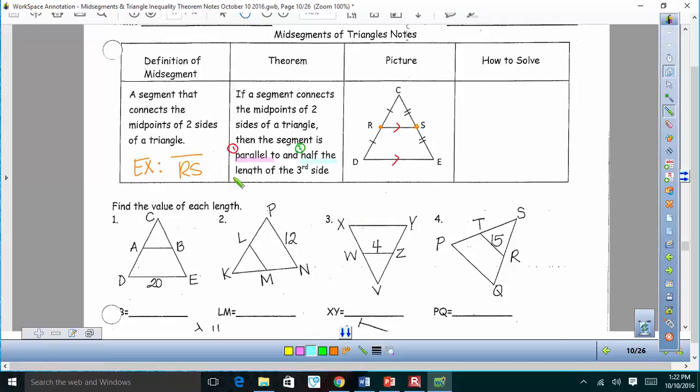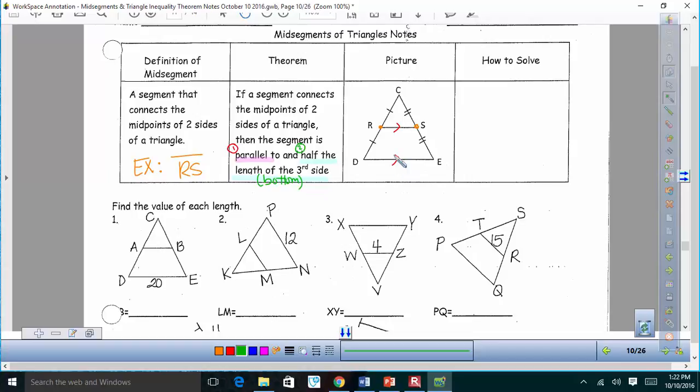So the third side is technically the bottom side, the one that's not connected to the midsegment. So here, my bottom would be DE.